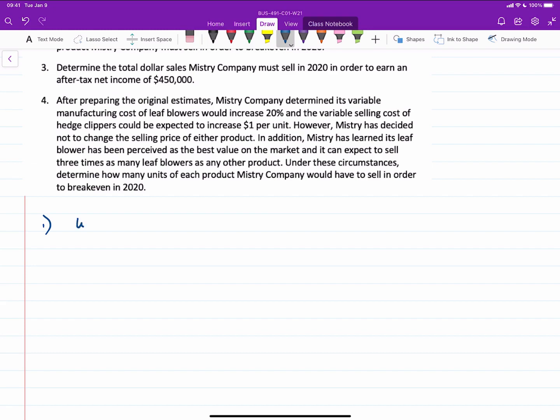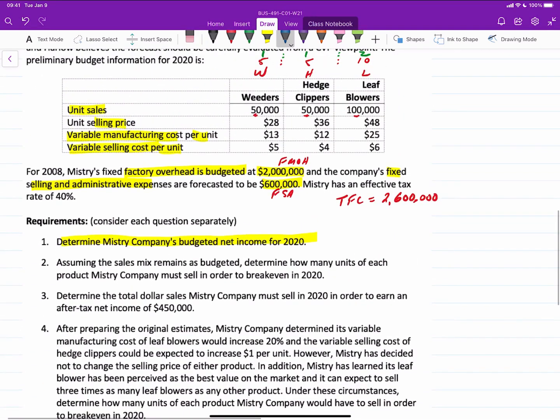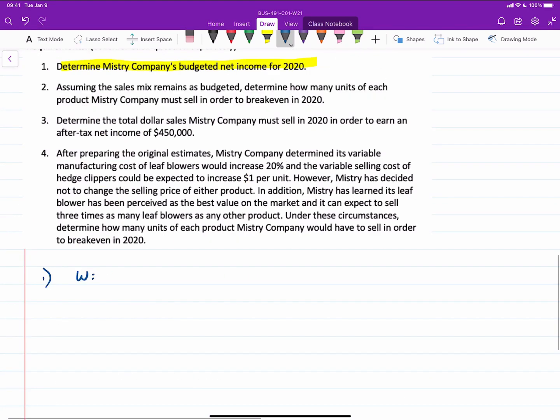We've got the weeders that have a selling price of $28 and a variable manufacturing cost of $13 and a variable selling cost of $5. So we would take 28 unit selling price minus 13 unit variable cost minus the $5 unit variable selling cost. And that gives us a $10 unit contribution margin.